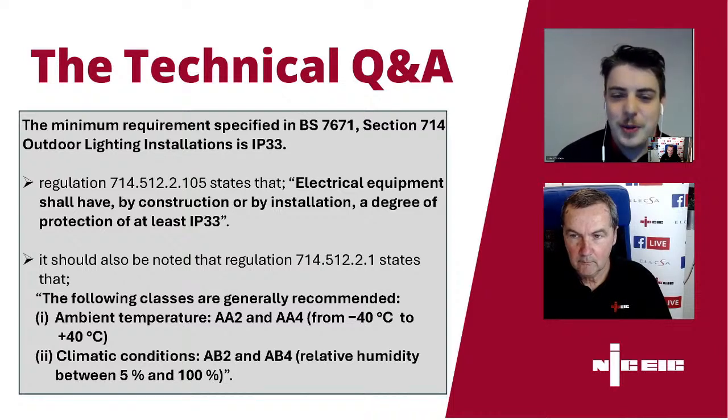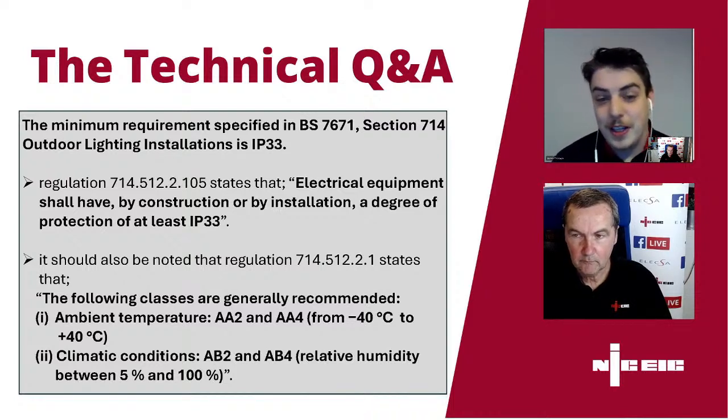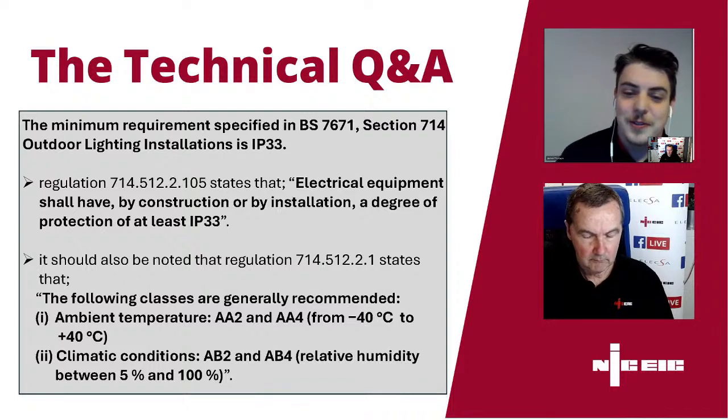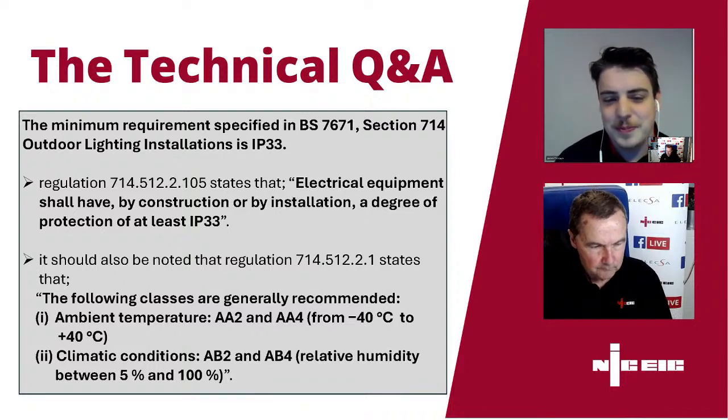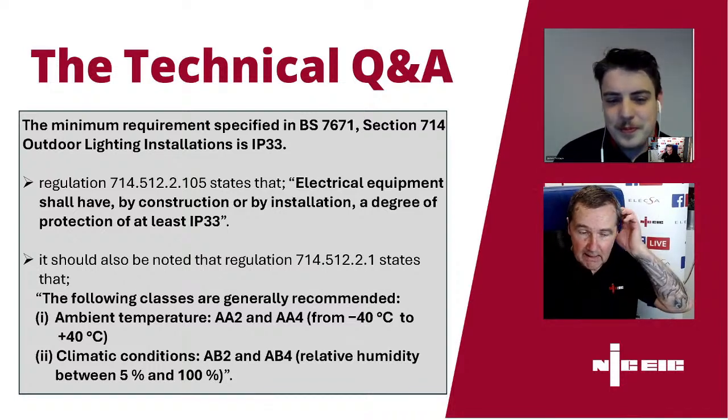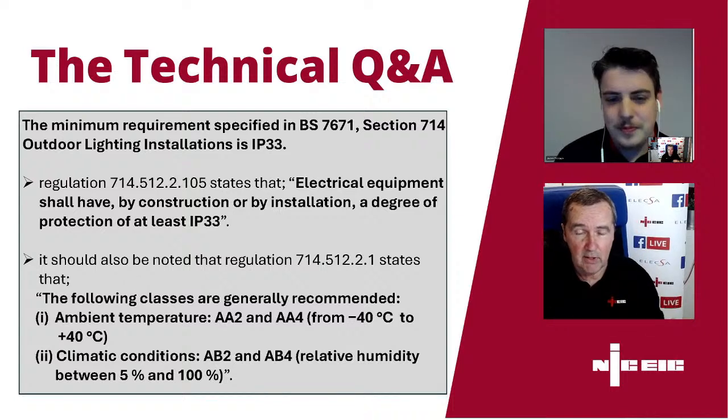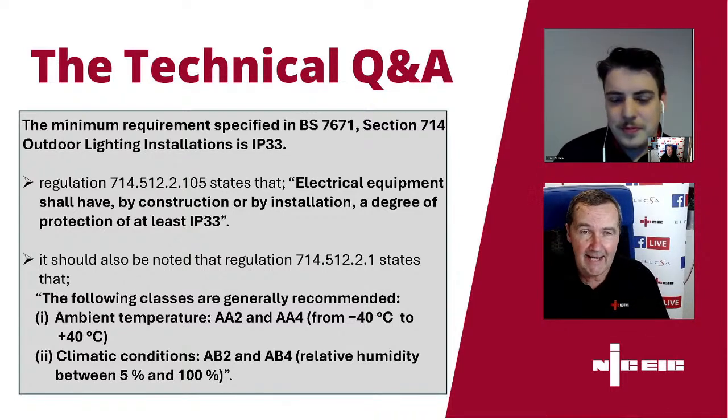It's a good standard to work to, though I'll say the fixed lighting on the building is excluded from that section. So outdoor lighting specifically says, if you're fixing the light to the outside of the building, then that's not really considered outdoor lighting, because the cable would only pass through the exterior wall to get to the light fitting.